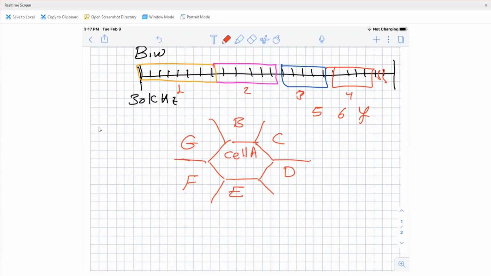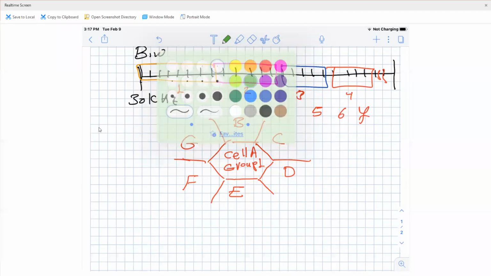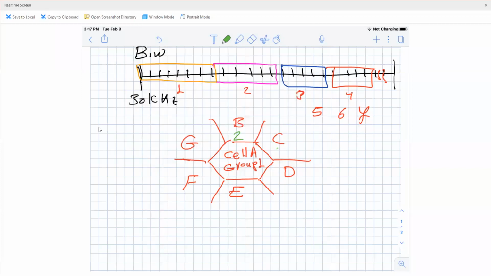Now, say the first portion, group 1, will be given to cell A, and group 2 will be given to B, group 3 to C, group 4, 5, 6, and 7. Now here we have 7 different groups of channels assigned to different cells.